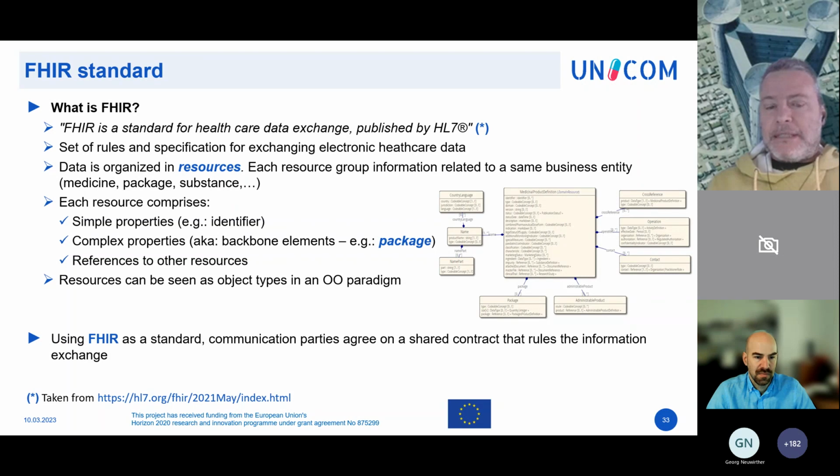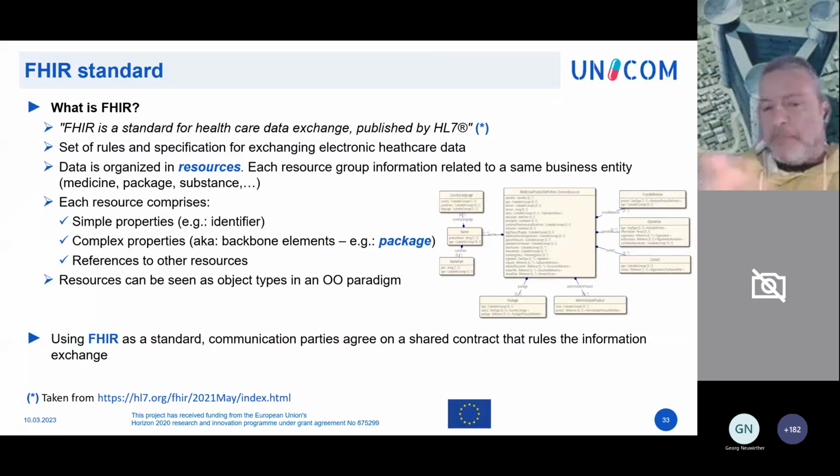Via the references, it's possible to build a graph of resources and interaction among them. That is the reality we need to represent in a FHIR message, for example, in the variation FHIR message we are speaking about in this session.